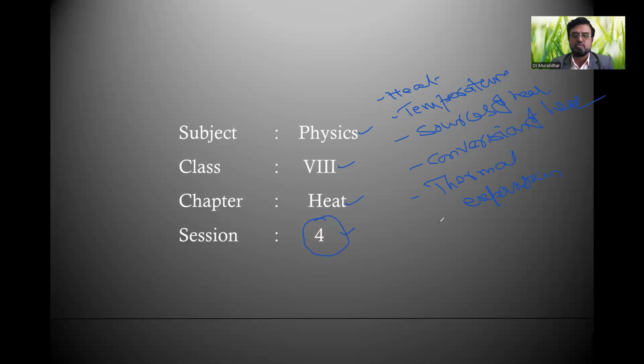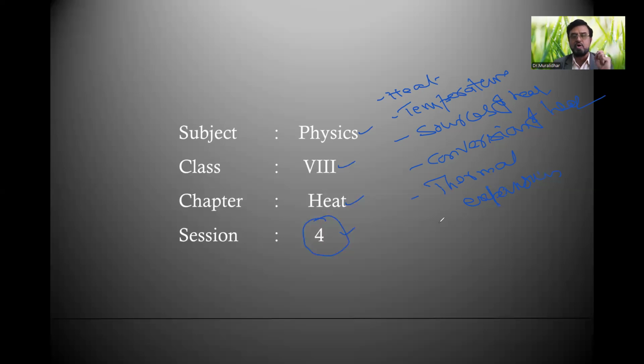First, the core topic, heat. Heat is a form of energy, thermal energy, which flows from a hot body to a cold body. Because of the heat, a body gets its temperature.